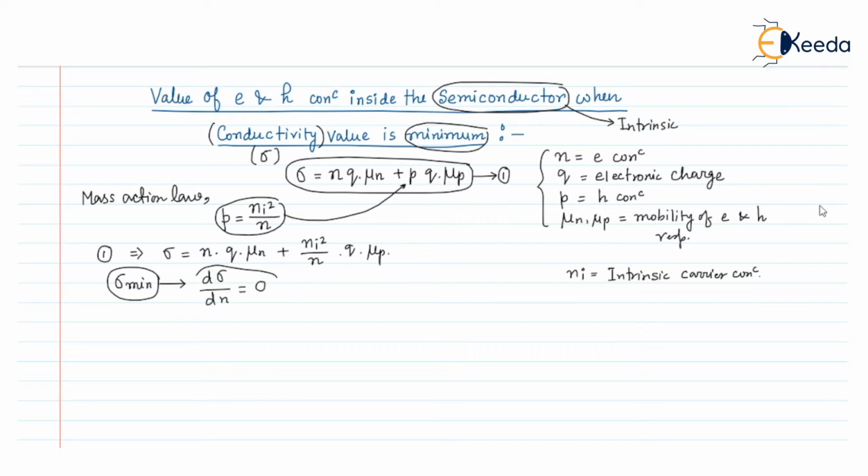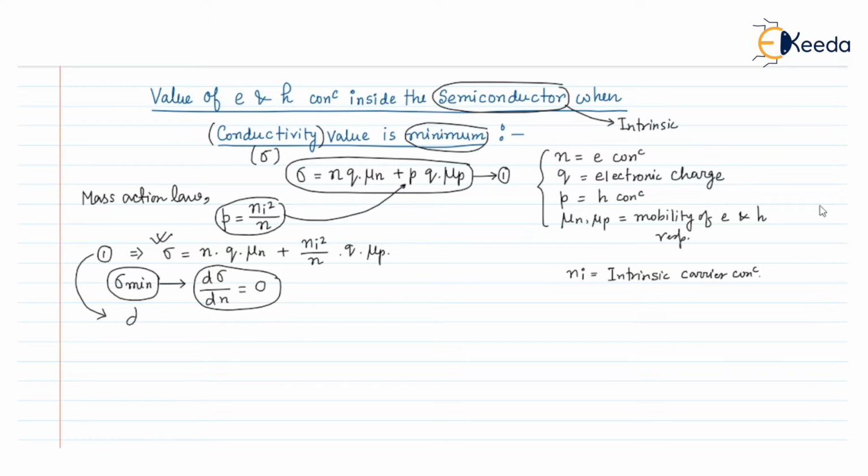From this condition we can find the value of sigma min. So for that we have to differentiate the first equation of sigma.